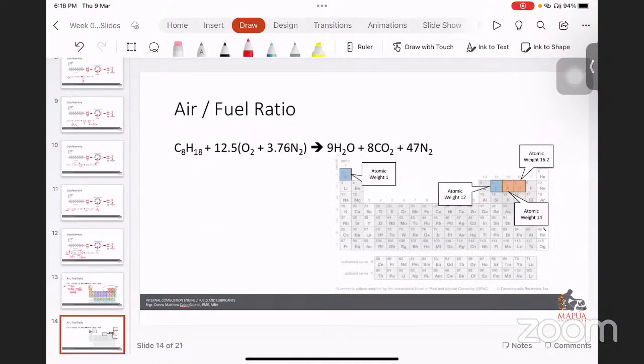Okay, tignan natin. So, ulit natin yung formula natin. Air-fuel ratio is equal to air sa taas, 12.5 O2 plus 3.76 N2 divided by C8H18. Unahin natin yung sa taas. 12.5 times yung O2.